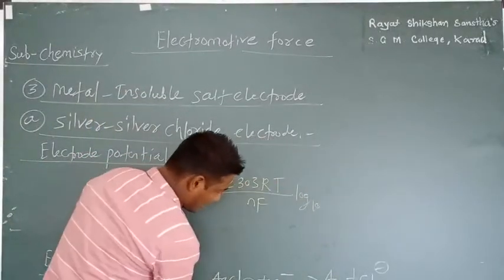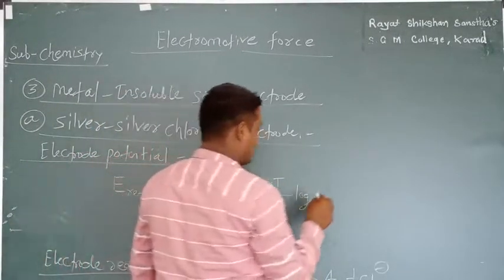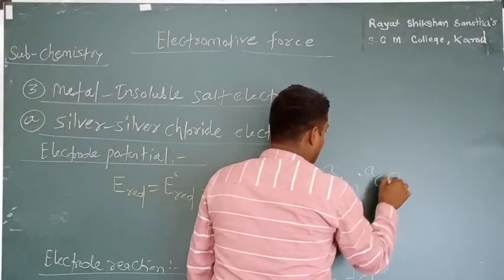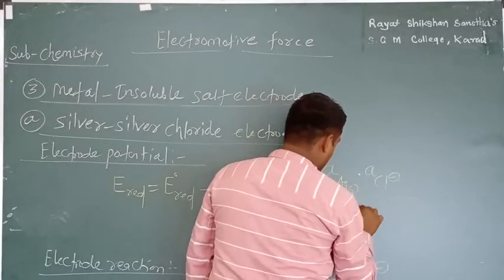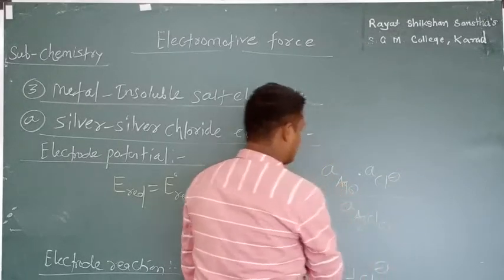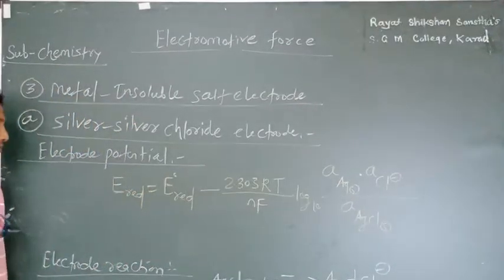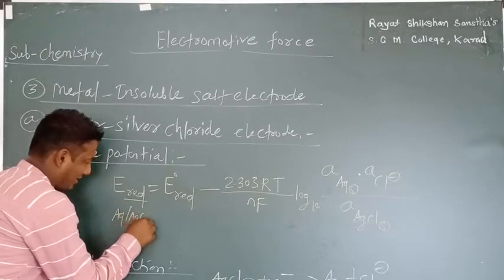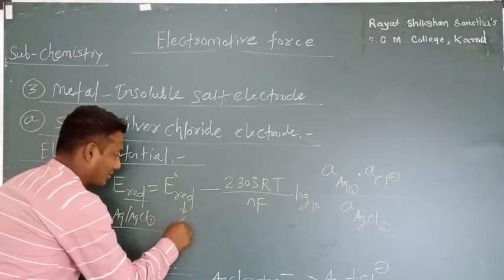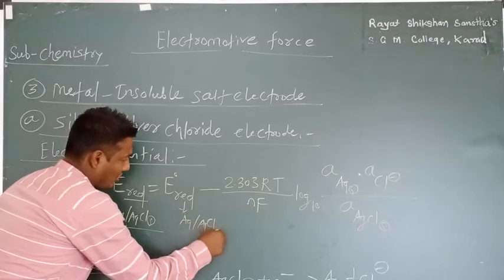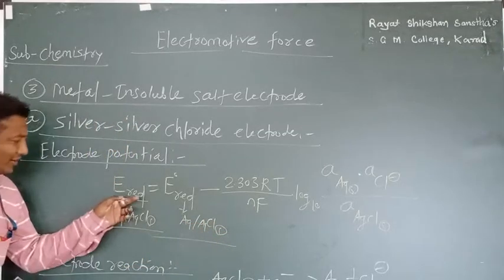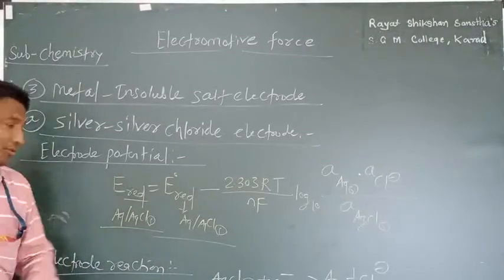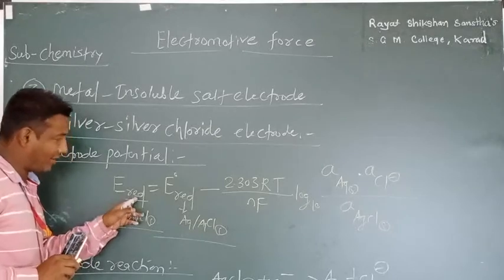The activity of Ag solid into activity of Cl minus, divided by activity of AgCl solid. Okay, you can write down here silver chloride, this is also right. Or you can also write down reduction because we are considering reduction potential. No problem, it depends on you.